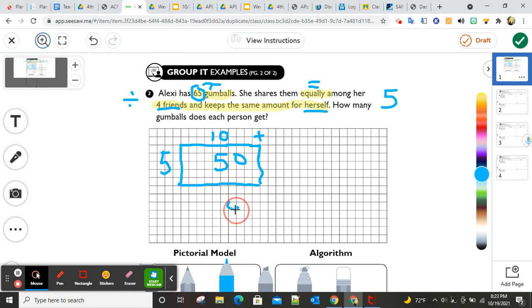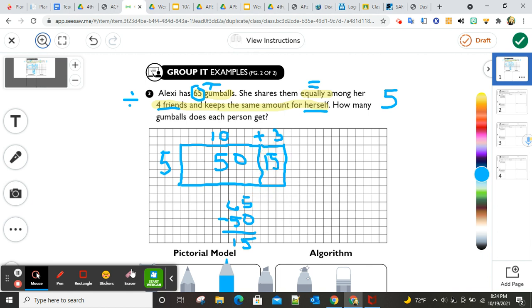So 65 minus 50 is 15. So I have 15 left. And what times 5 equals 15? 3. So I have to go 1, 2, 3, label the next piece of my side. This piece is 15.